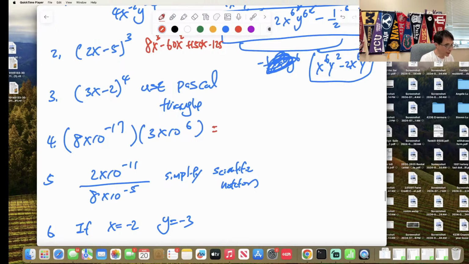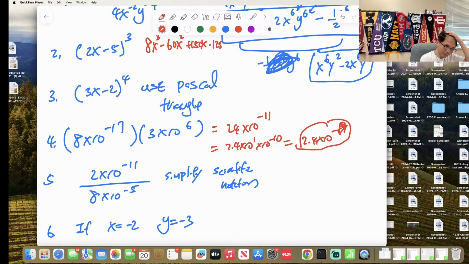This one is called scientific notation. So it's 24 times 10 to the negative 11. But that's also 2.4 times 10 to the first times 10 to the negative 11, because the coefficient has to be between 1 and 10, so it'll be 2.4 times 10 to the negative 10. Is that okay?